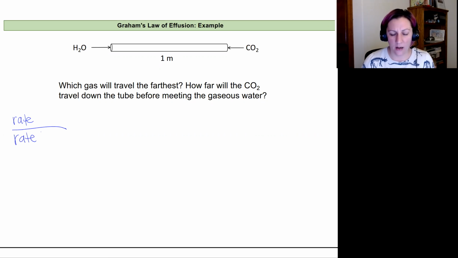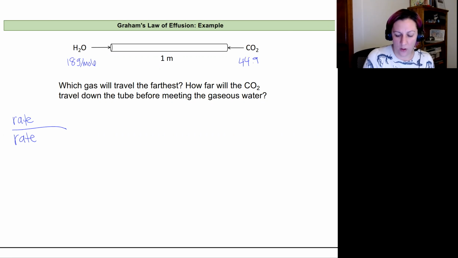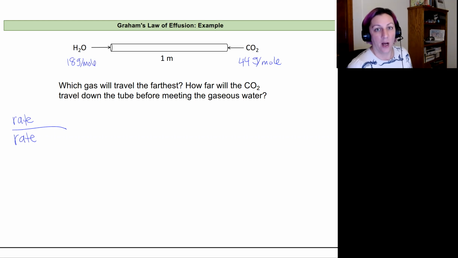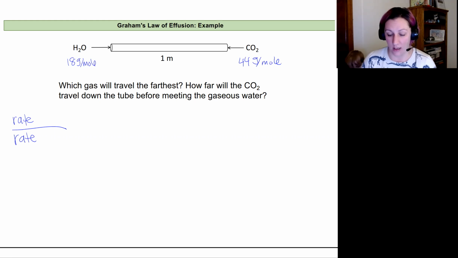Now we know that our water has a molar mass of about 18 grams per mole, and our carbon dioxide has a molar mass of about 44 grams per mole. So our carbon dioxide is heavier, and you can set this up either way. It's how you interpret the problem. I tend to always set this up so I have the heavier one on top.